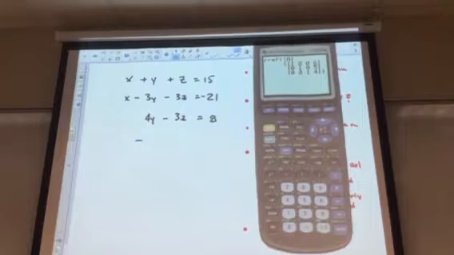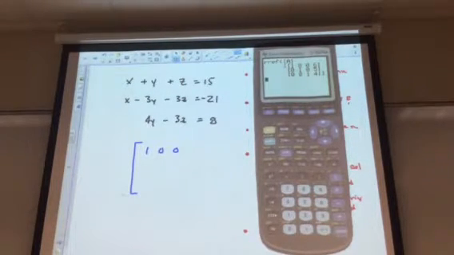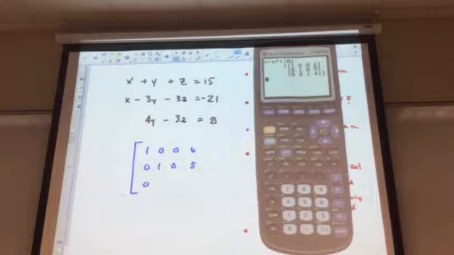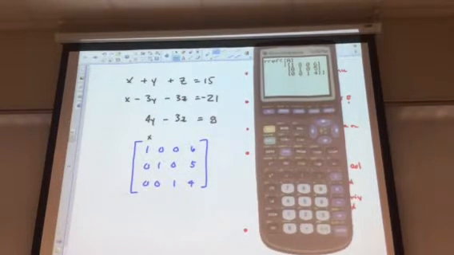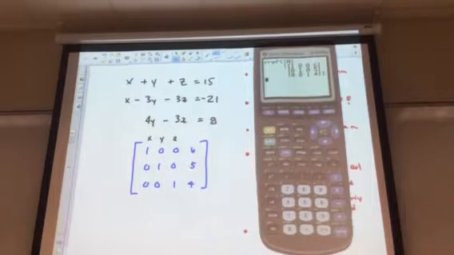So here we're looking at a matrix that's just 1, 0, 0, and 6; 0, 1, 0, and 5; 0, 0, 1, and 4, and it's our job to interpret these. These are all of the coefficients on x, these are all the coefficients on y, these are the coefficients on z, and these are our constant values.